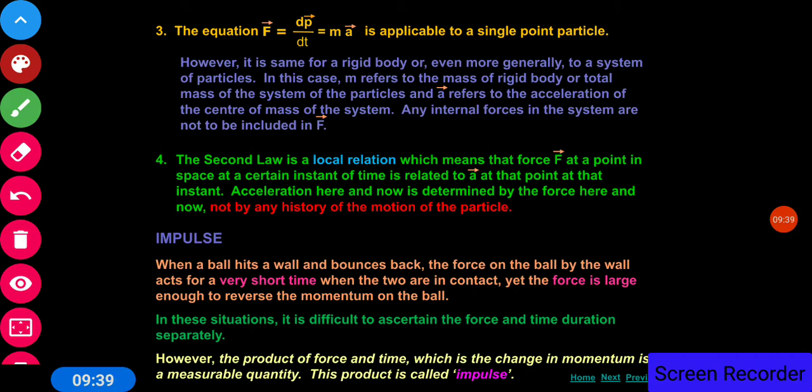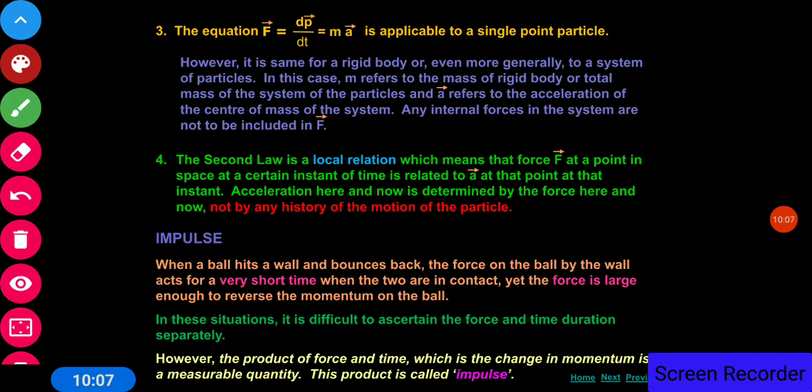Let us understand it again. When you throw a ball at a wall, it comes back, and the time of contact of the ball with the wall is very short. So it is not possible to ascertain the force and the time duration separately. In that case, the product of force and time, which is equal to change in momentum, is a measurable quantity.